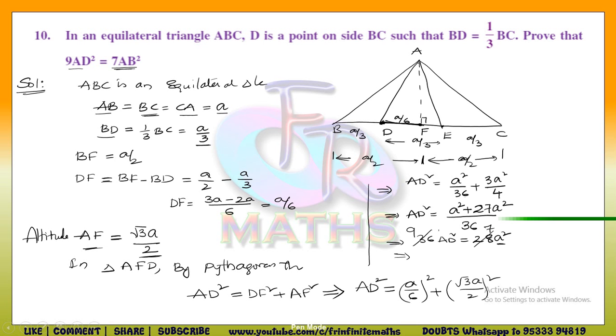So clearly I can write it as 9 times AD square is equal to 7 times AB square. This is nothing but the proof of this particular question. So either you can write 7AB square or 7BC square or 7CA square. Any of the values is valid in this particular question.